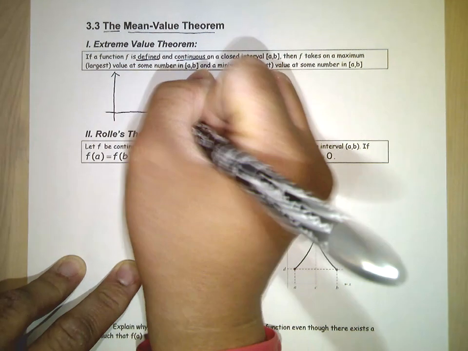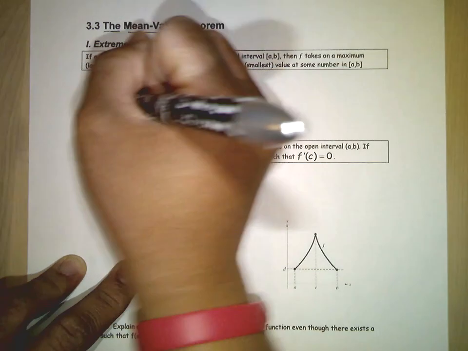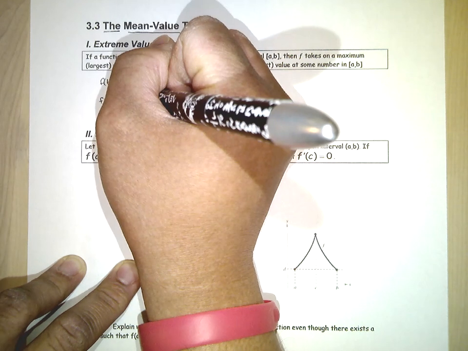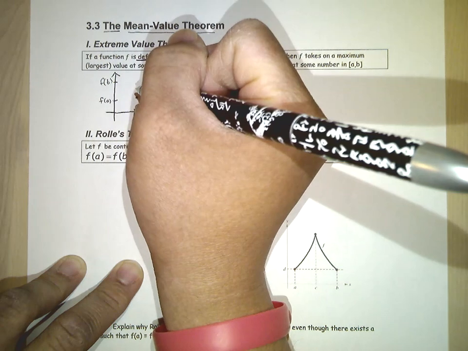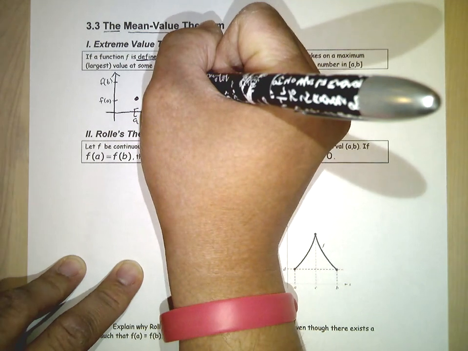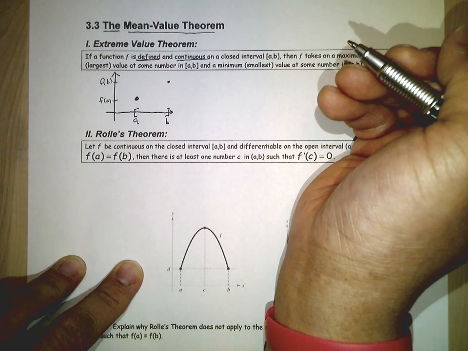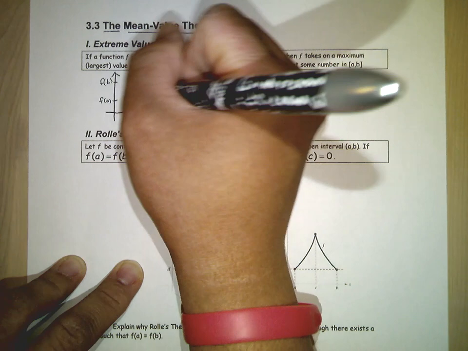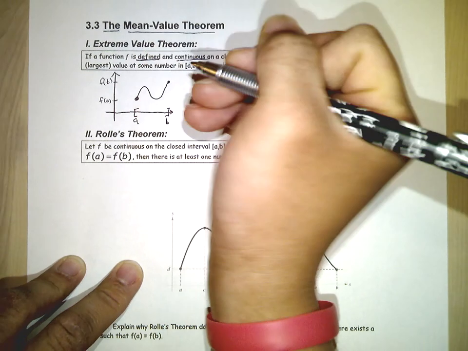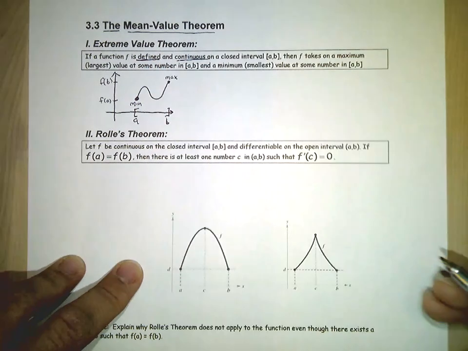Here is an interval from A to B, and here is f of A, and here is f of B. And you can see then that if the function happens to be defined and continuous in the interval, then of course here is the minimum and here is the maximum.